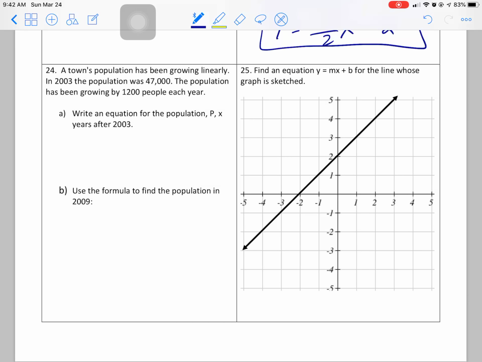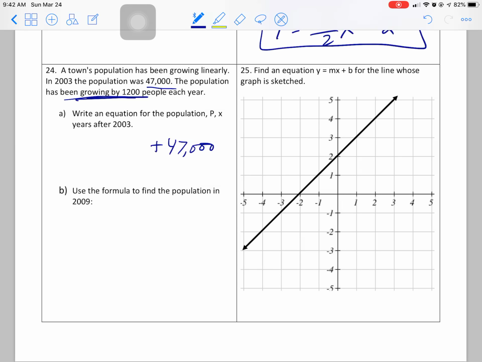All right, population growth. In 2003, the population was 47,000, and it's been growing by this many each year. Write an equation for the population. P of x is the number of years after 2003. So what's my start? My start has to be the 47. That's the amount it's going to grow with, right?